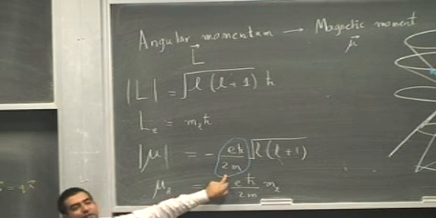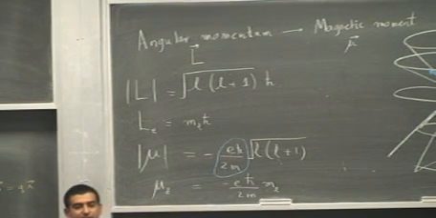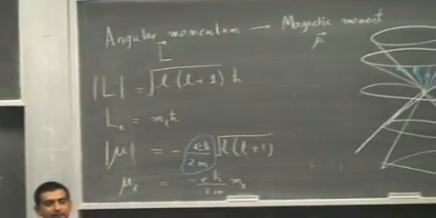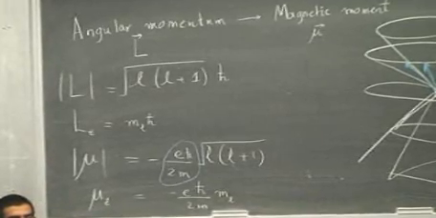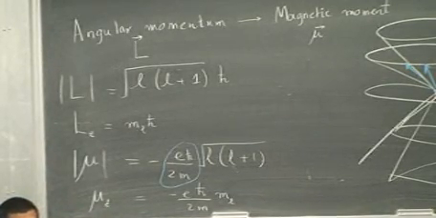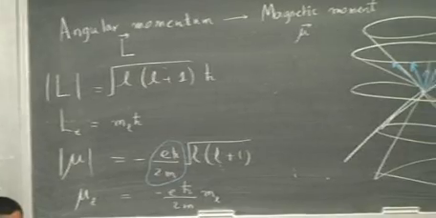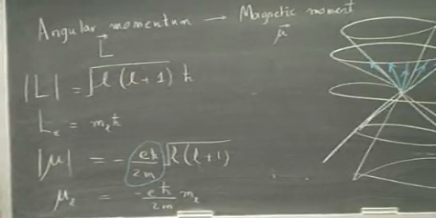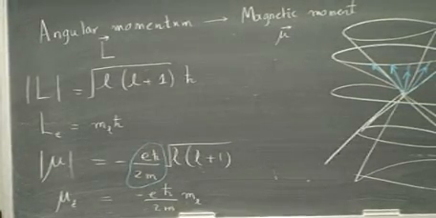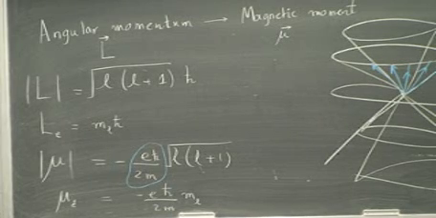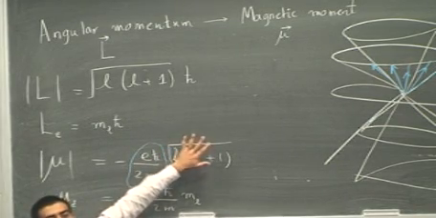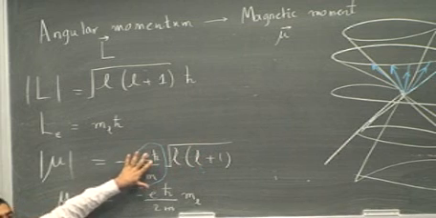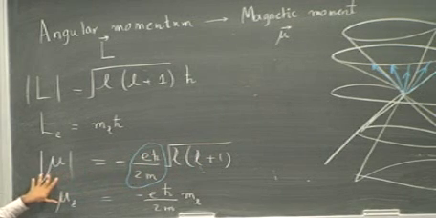What will be the dimensions of this quantity? Tell me, tell me the units. Amperes into meter square, ampere meter square, area times current. Because the rest is dimensionless, just a number, it will have the same dimensions as the magnetic moment.